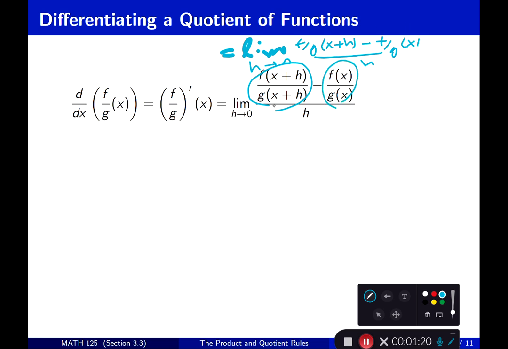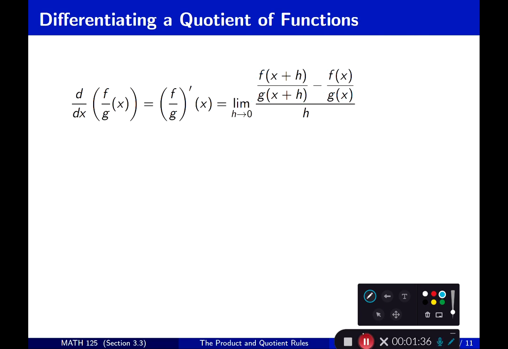So the first thing that comes to mind is to simplify this and see if it's going anywhere. It's going to be equal to the limit as h goes to 0.